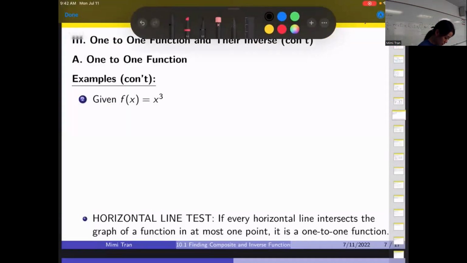Is it a function? I'll use red. Anyone? Is it a function?